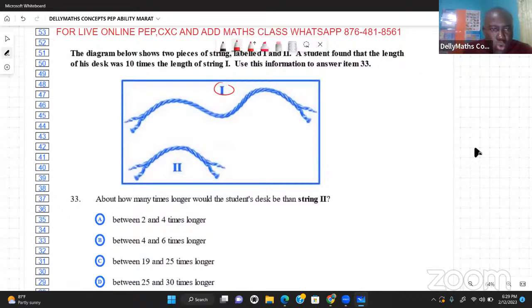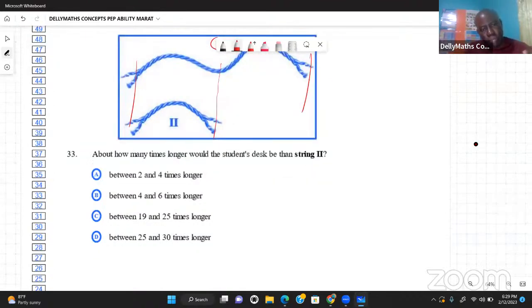When I look at these two ropes, I am going to conclude that rope 1 is twice as long as rope 2. All right, so rope 2 is just half of rope 1. So now the question is about how many times longer the student's desk would be than rope 2.